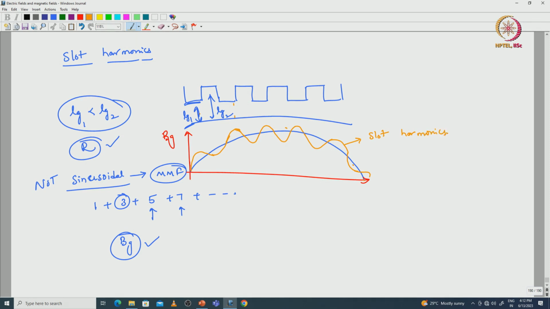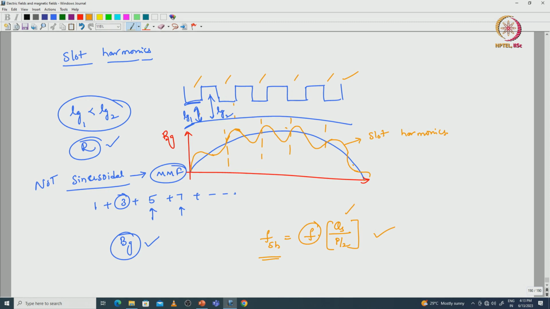The frequency of slot harmonics is equal to F into number of slots per pole pair, okay, or per pole pitch. The F is with respect to the fundamental and these are the frequencies with respect to the slot harmonics. We can see this is one cycle, second, third, fourth, fifth, right. So, here we can see 1, 2, 3, 4, 5, 5 slots are there.